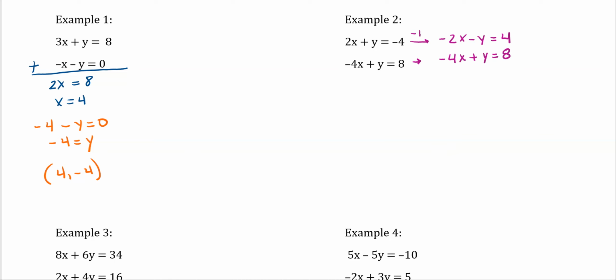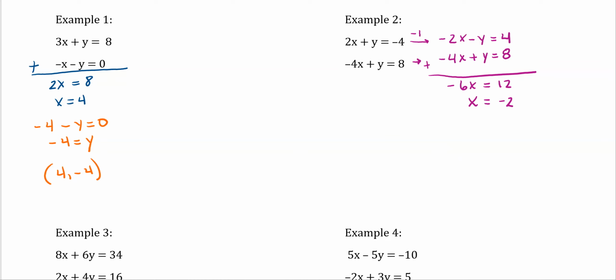And now I have a negative y and a positive y, so I can add the two equations and y will be eliminated. Divide both sides by -6. X is equal to -2.